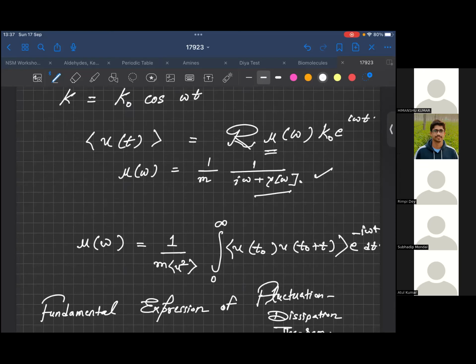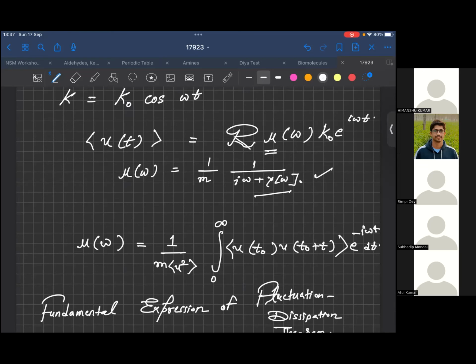So there is a homogeneous broadening in mu of omega, and this homogeneous broadening comes from the history-dependent friction.